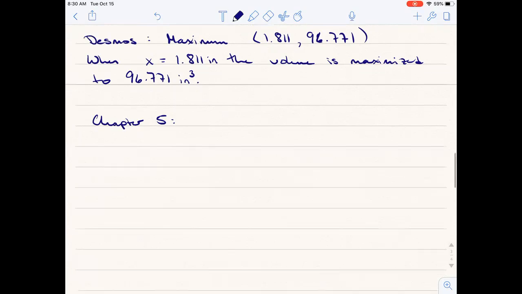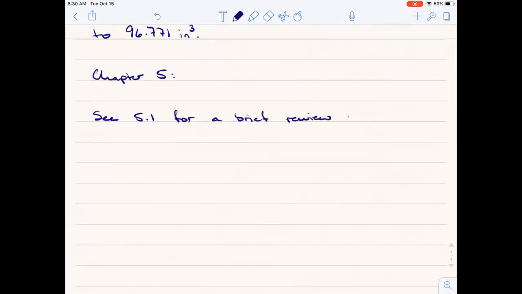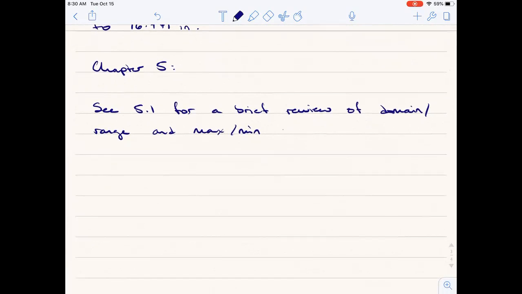So I'll say see section 5.1 for a brief review of domain and range, and mostly the max and the min of functions.